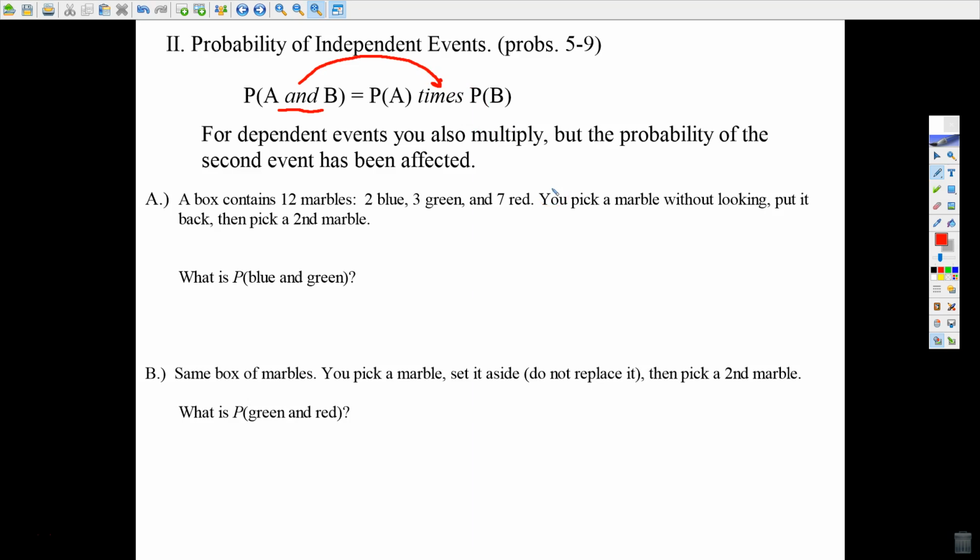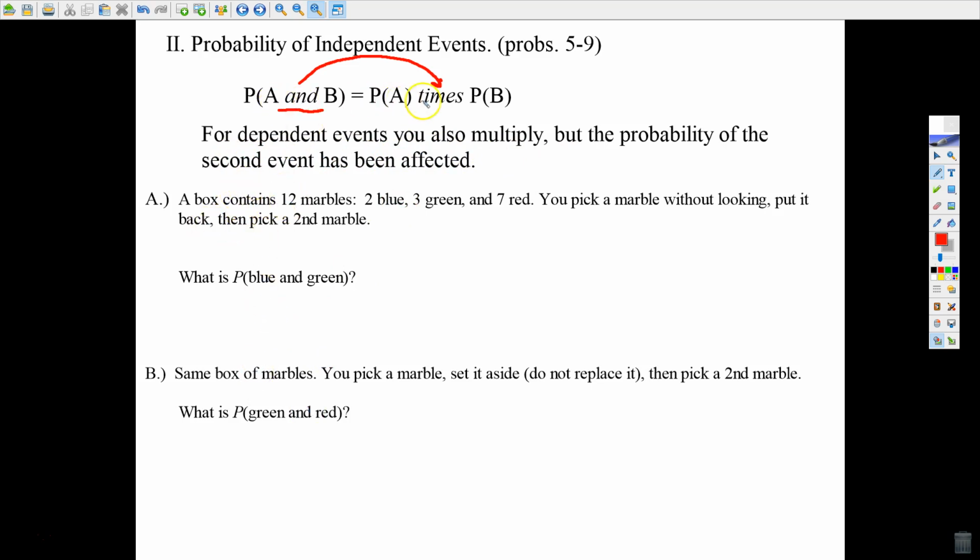If you see and in probability, you're going to be multiplying these two probabilities together. And the same formula holds true for dependent events, but we just have to remember that that second event has been affected somehow by the first, so we've got to make sure we take that into account before we multiply.